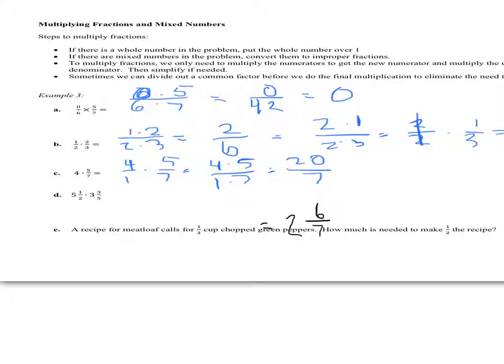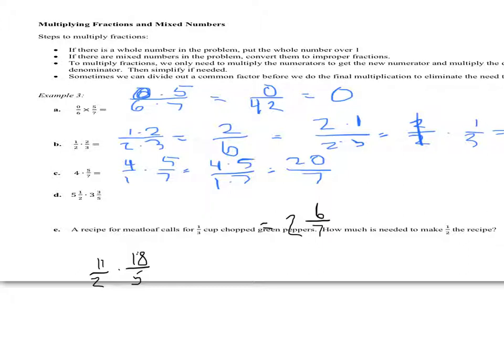Now example D, we are dealing with mixed numbers. So we have an initial step where we need to convert them to improper fractions. So we take our 5½ and convert that to an improper fraction. 5 times 2 plus 1 is 11 halves. And we're multiplying that by 3 and 3/5. 5 times 3 is 15, plus 3 is 18 fifths.